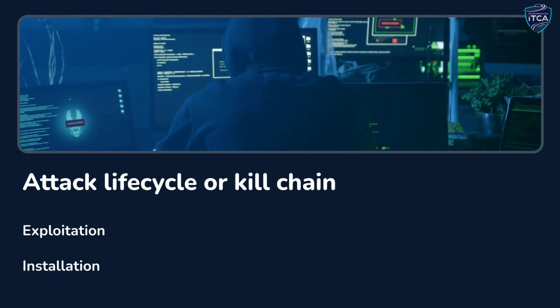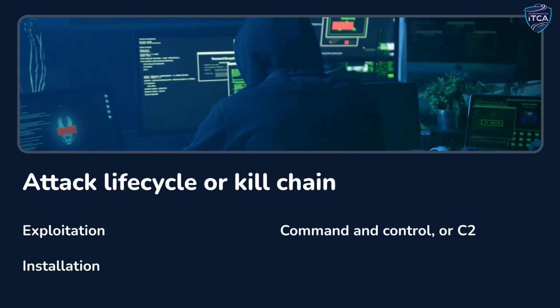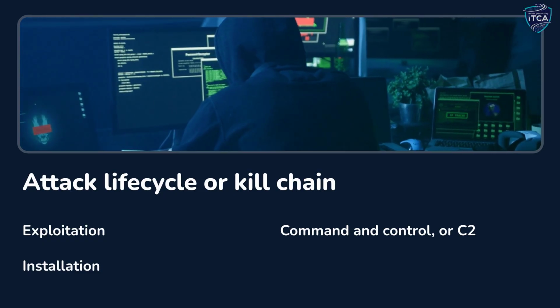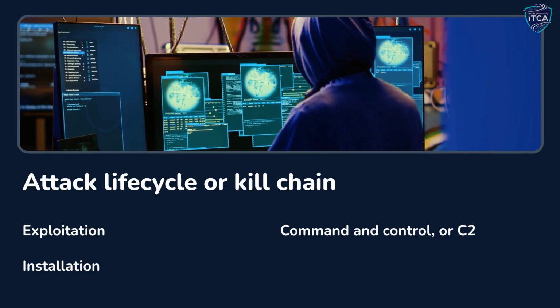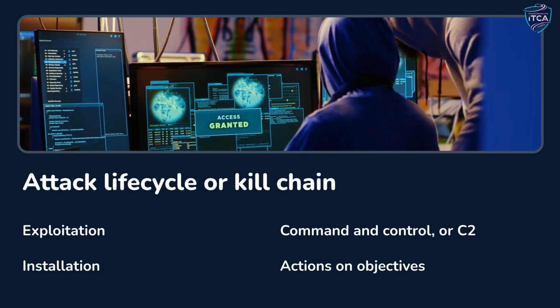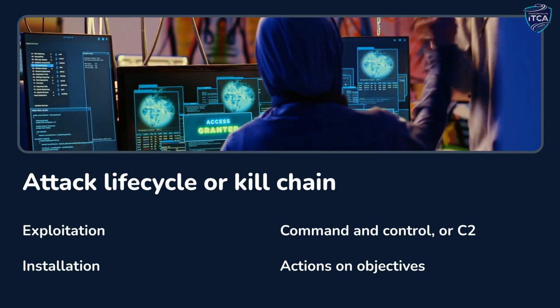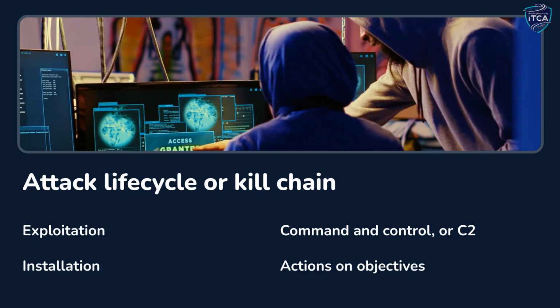The attacker then establishes command and control, or C2, which is a remote channel to communicate with and manage the compromised system. Finally, the attacker carries out actions on objectives, which could include stealing data, moving laterally through the network, sabotaging systems, committing financial fraud, or holding data for ransom.